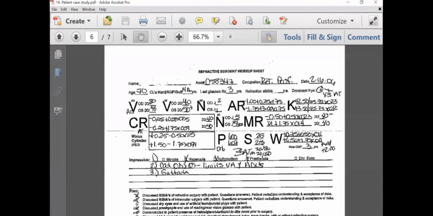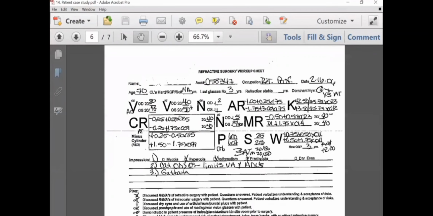So it includes all the surfaces: anterior cornea, posterior cornea, and lenticular. In terms of calculating, for example, a toric IOL, that's not going to be a good value to follow, because when we look at toric IOLs, we want to only consider cornea astigmatism.